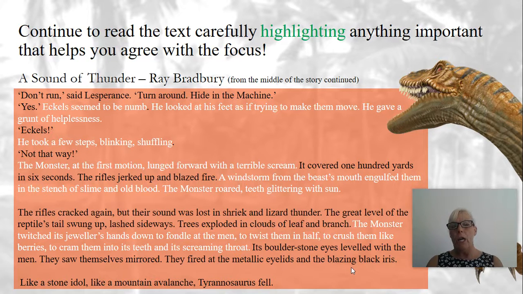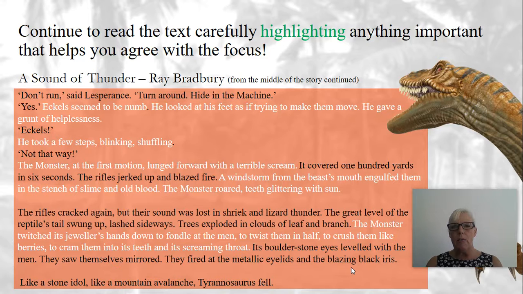How would Eccles react if he can smell that old blood and slime coming at him from this monster and it's roaring? Okay, and then we have the terrifyingness of the monster, which has got jeweler's hands and it fondles at the men, twists them in half, crushes them, crams them into his teeth. So we've got a bit of listing going on there to just really tell us how frightening the monster is.